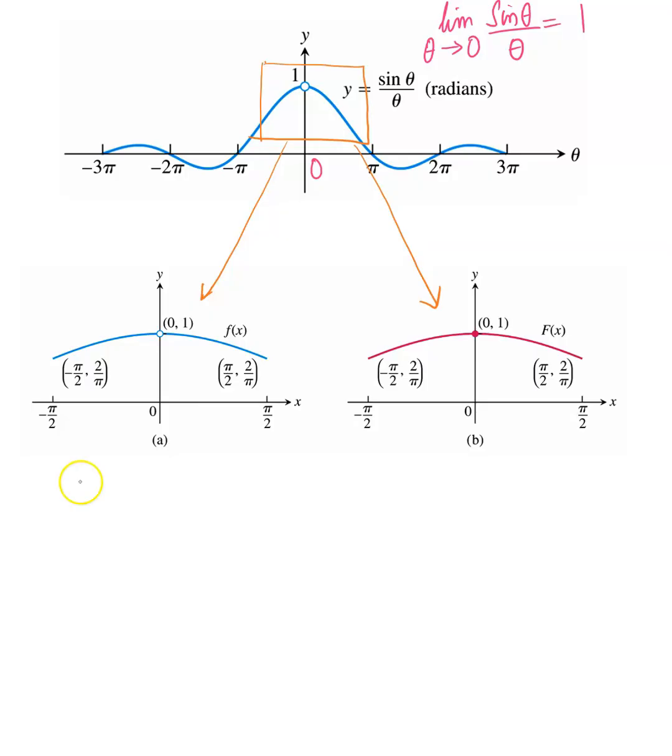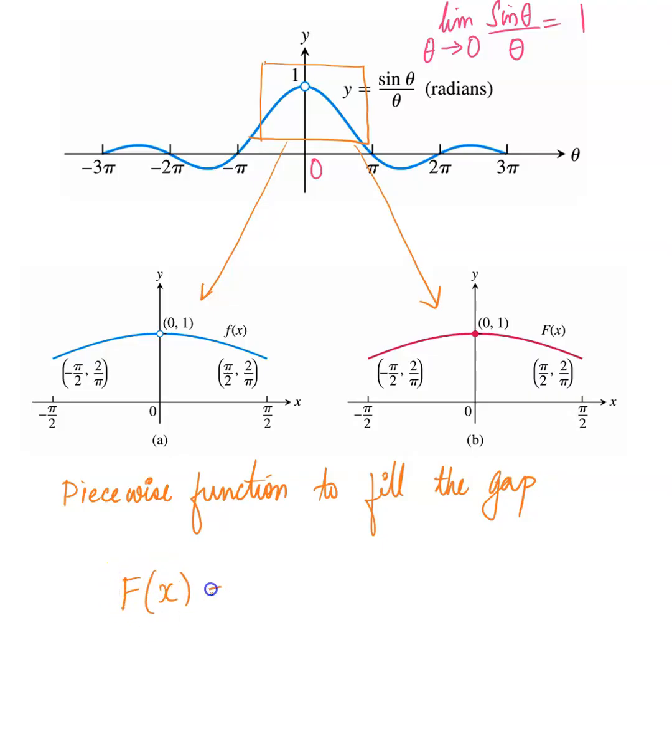Okay, so what we do is we use a piecewise function to fill the gap. So I'll give you the general version for this. What we do is we create a new function, capital F of x, like the red one, a new function, wherein the original function sine theta over theta, let's call that f of x, is kept as it is, but you know that function had 0 as not part of its domain, right?